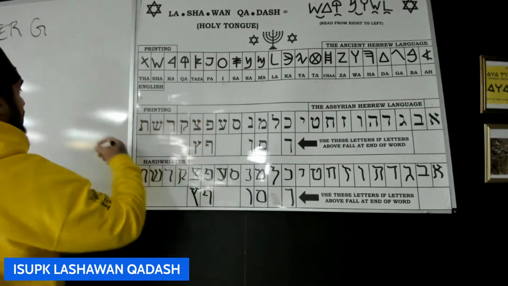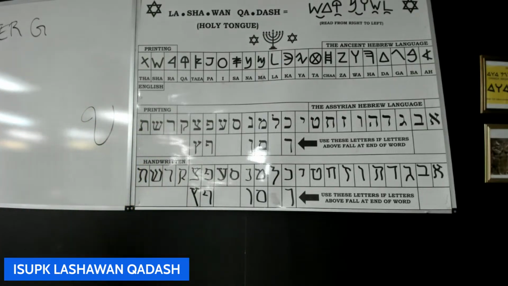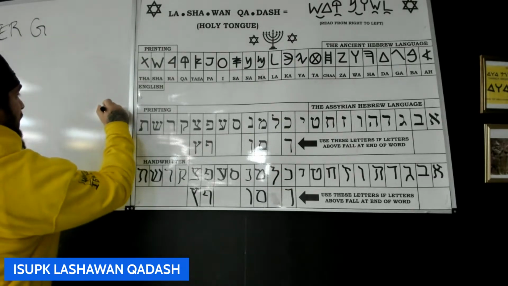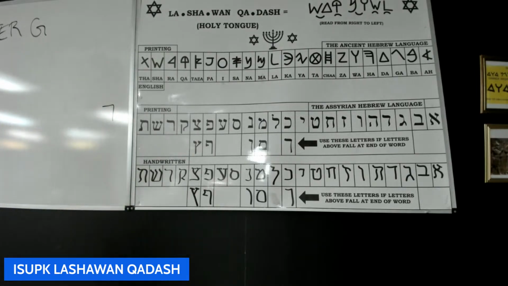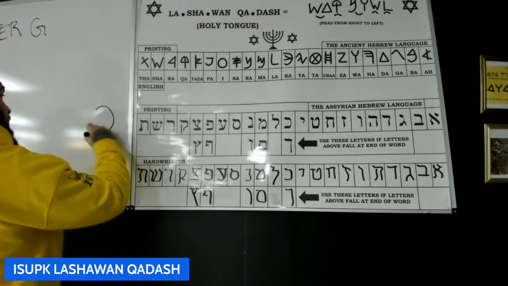Next one is Ta. Ta's in a U form. After that, go to Ya. Ya's like a comma, more at the top portion though. Then you've got Ka. It's like an inverted C.